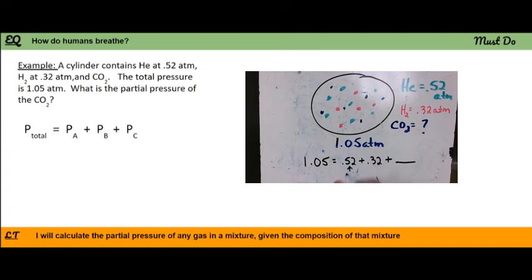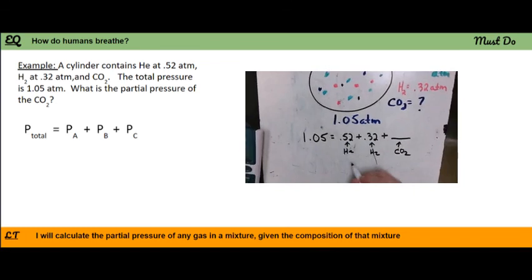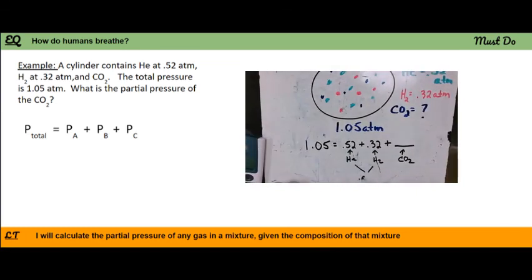So this one is my helium, this one is my hydrogen, this one is my CO2, and I don't know how much there is. So simple math, combine like terms, right? So 0.52 plus 0.32 is 0.84, right? And then to get CO2 by itself, I have to subtract from both sides 0.84.